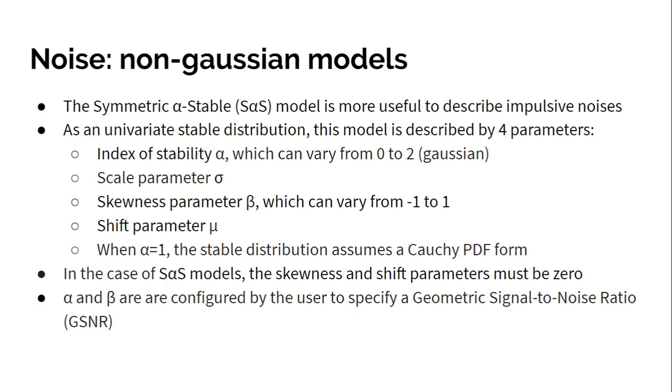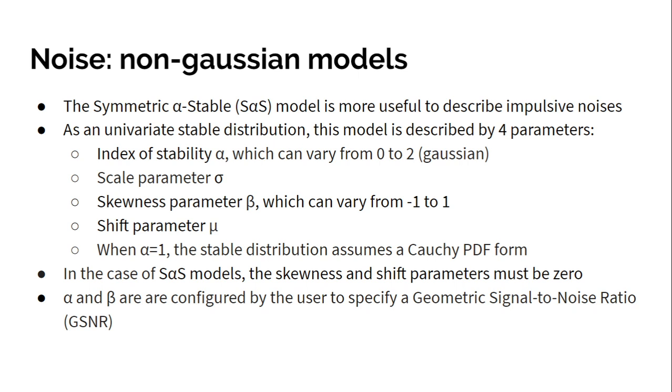The other model for the non-Gaussian noise PDFs is the symmetric alpha stable model, S alpha S for short. It is more useful to describe impulsive noises. That's a rather common thing to see in the application.